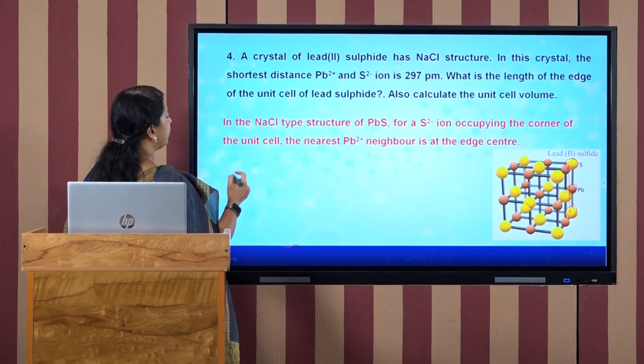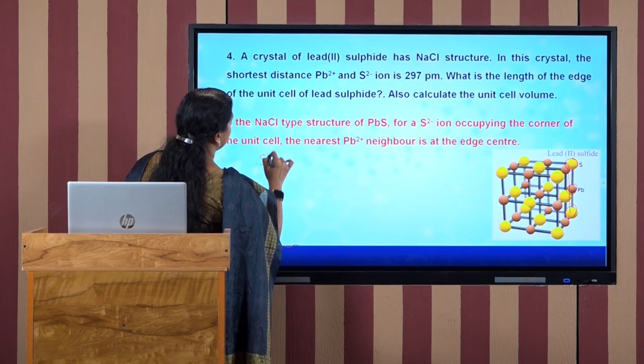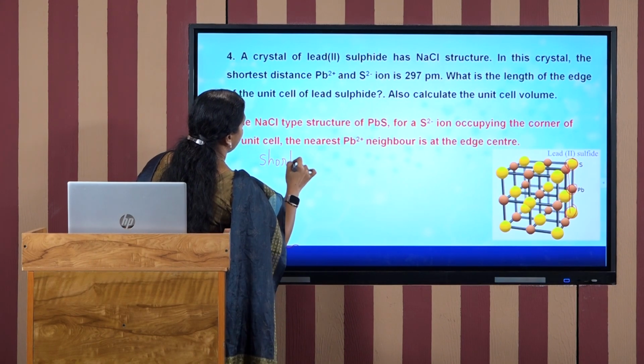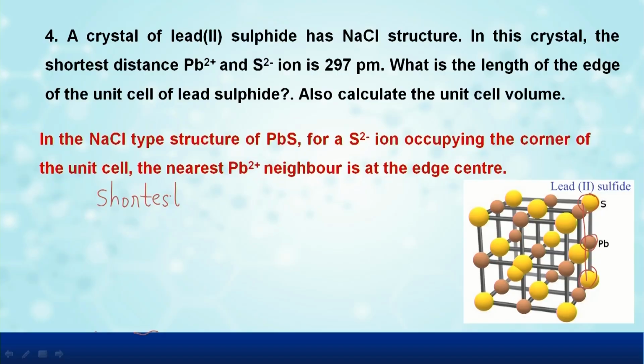Okay. It is given that the shortest distance between a lead ion Pb2 plus and the sulfide ion S2 minus is equal to 297 picometers. Okay. You have to find out the edge length.